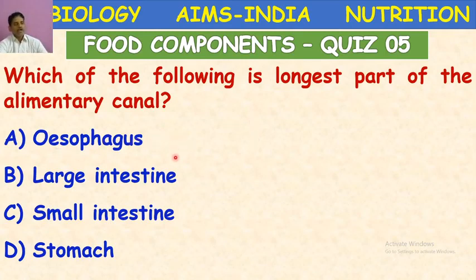Oesophagus, food pipe, large intestine, small intestine, stomach. Which is the longest part? Seven meters in length. Yes, some of you answered. C, small intestine is the longest part of the alimentary canal.